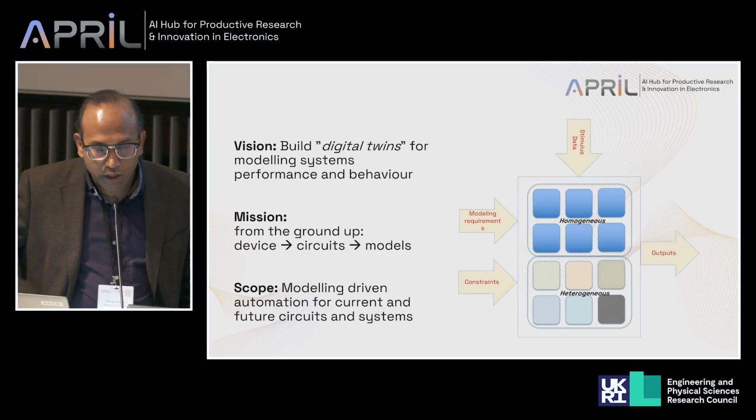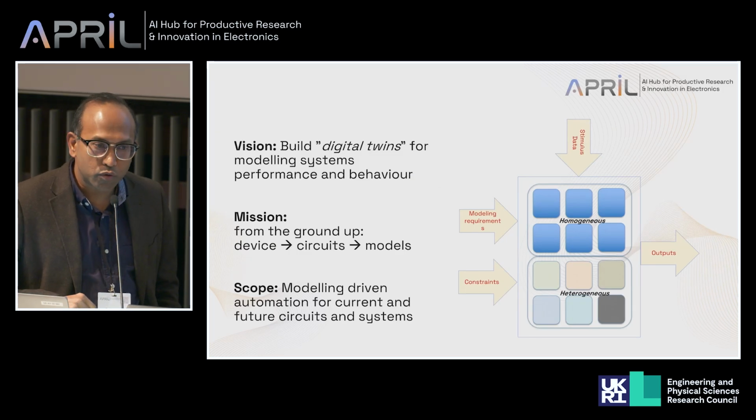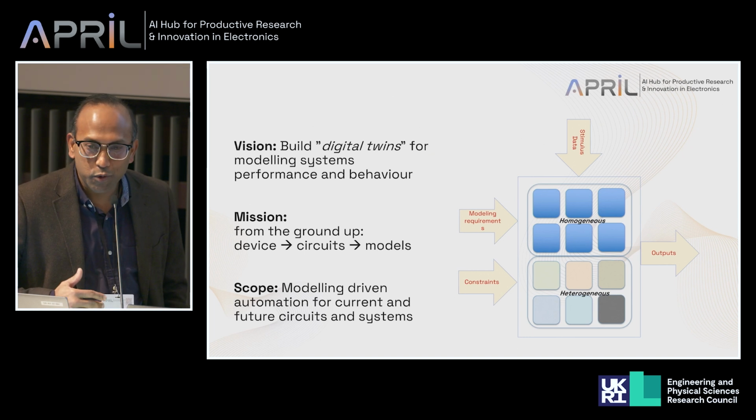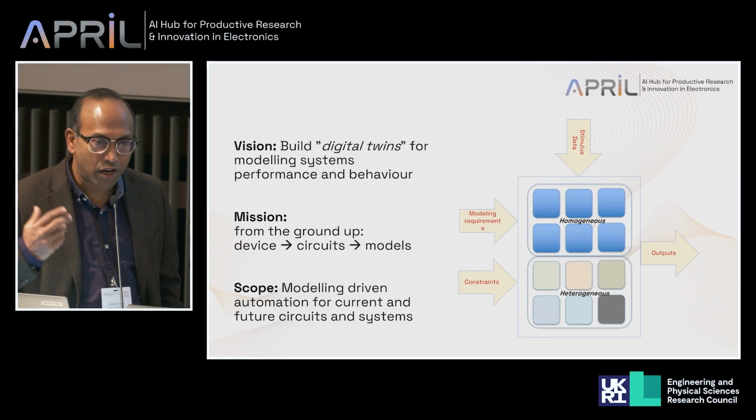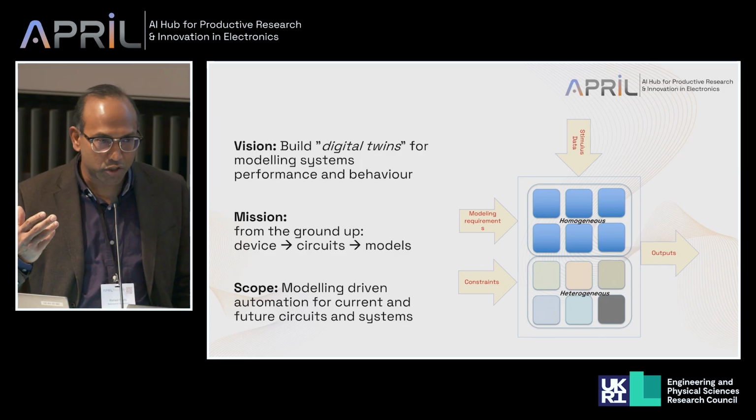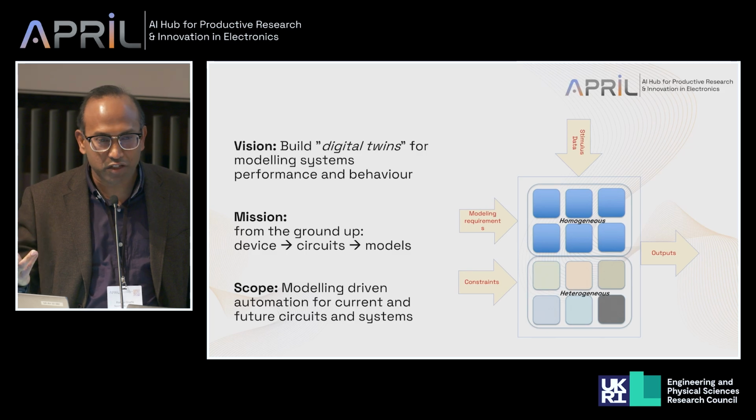It's a very high-level slide to talk through what we envisage that we will be doing. Digital twin is, to me, a very vague term. The way I would like to put it is that if you're designing a post-CMOS circuit or CMOS circuit, I would like to know if it works in the first place.